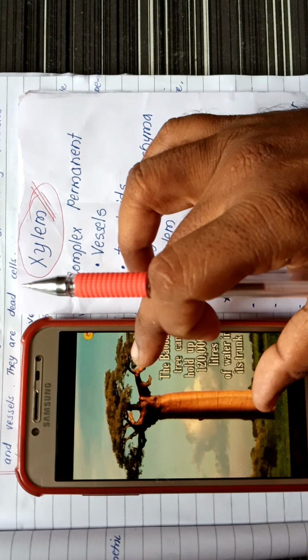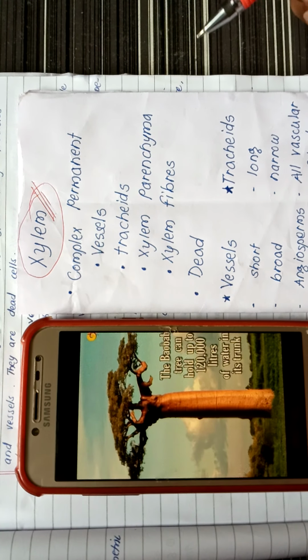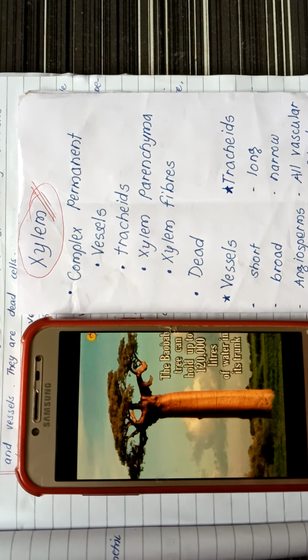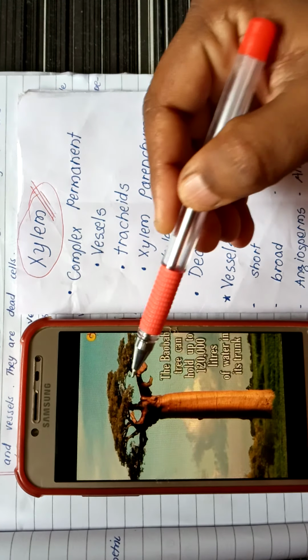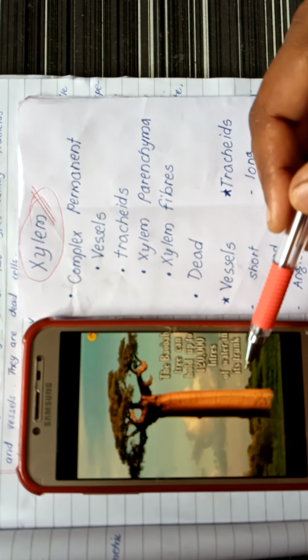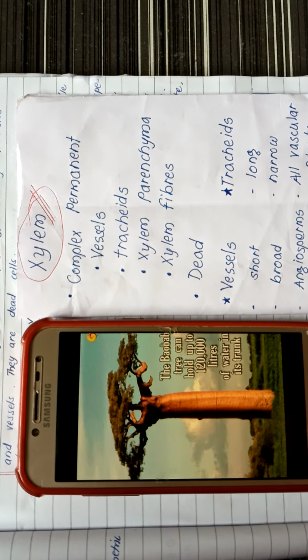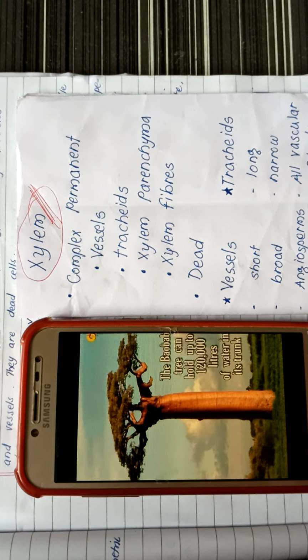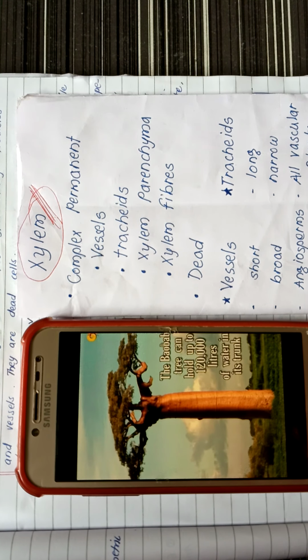Here you may observe a very huge tree, and this huge tree contains an abundant amount of xylem, and in the xylem 1,20,000 liters of water is conducted at this moment. So a large amount of xylem is present in this tree. The xylem is the most abundant tissue in terrestrial plants.